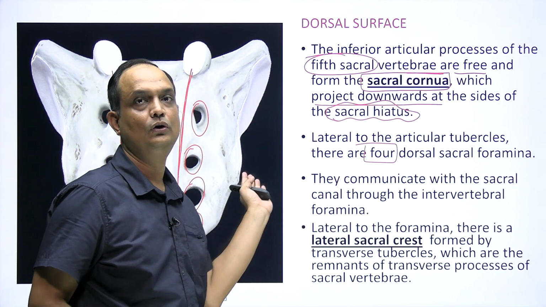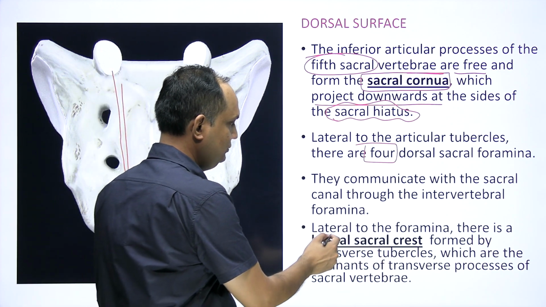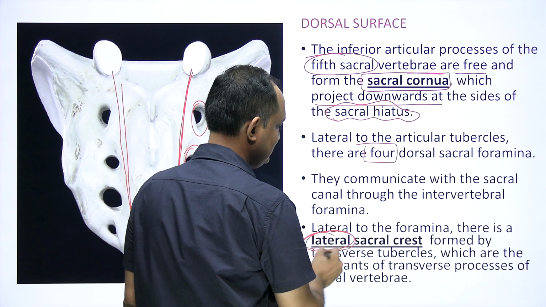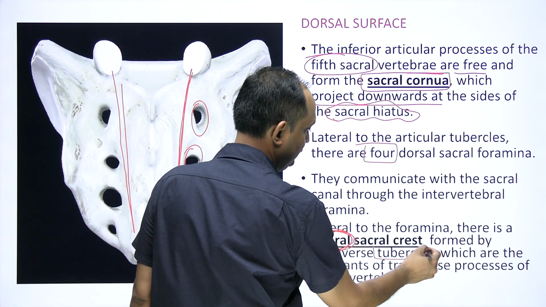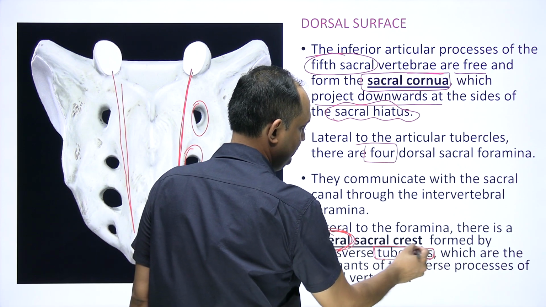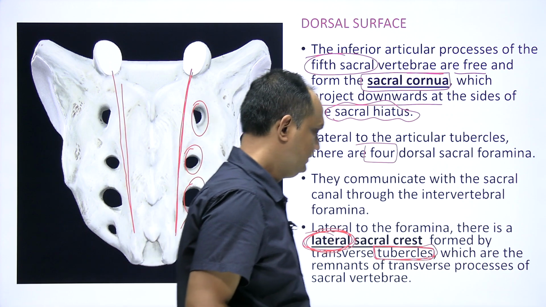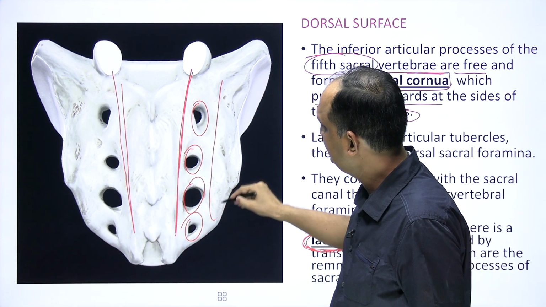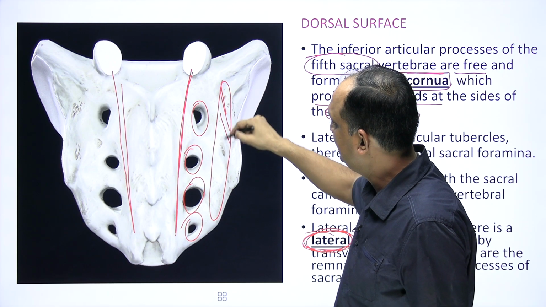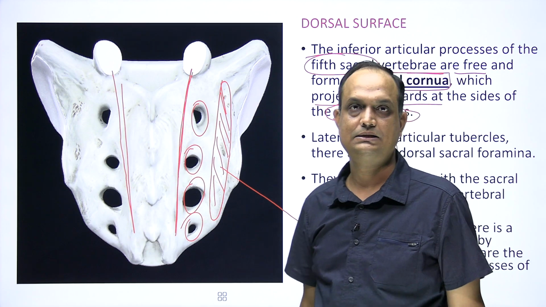Now, if you go more lateral to the dorsal sacral foramina, you have the lateral sacral crest, and this lateral sacral crest is formed by the fusion of transverse processes, which are now known as transverse tubercles. Clear? So, here you can see that we are now talking about this area, and this area is known as the lateral sacral crest.